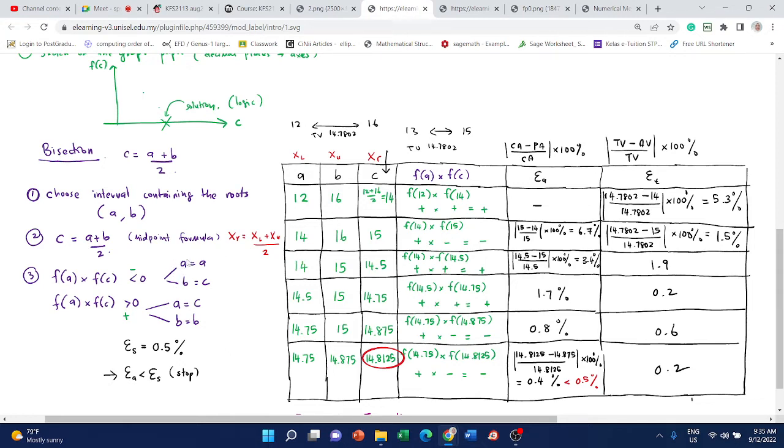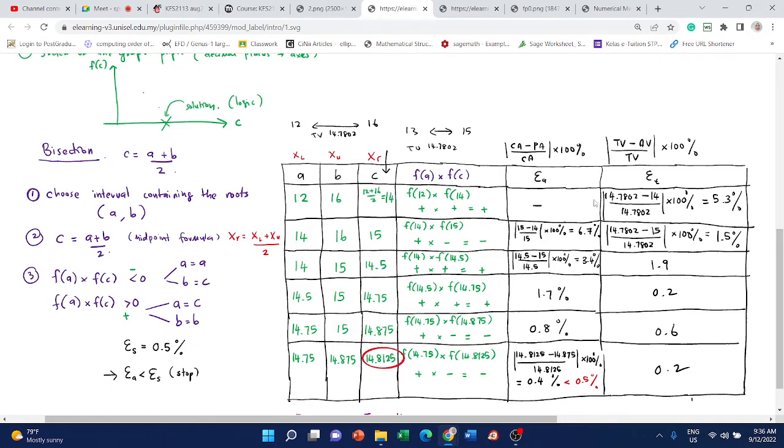Your previous A will be your current A, and your previous B will be your C. You can see there is a change in the interval. So the previous A remains, and the previous C will be your B. So you have to repeat the steps.